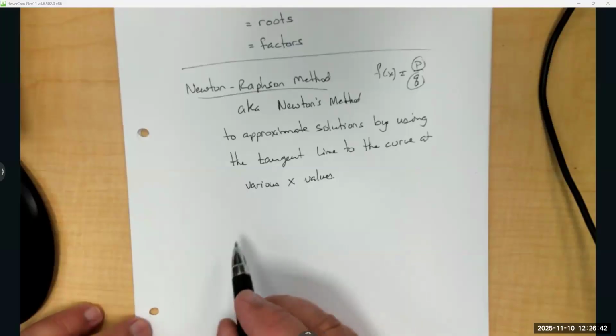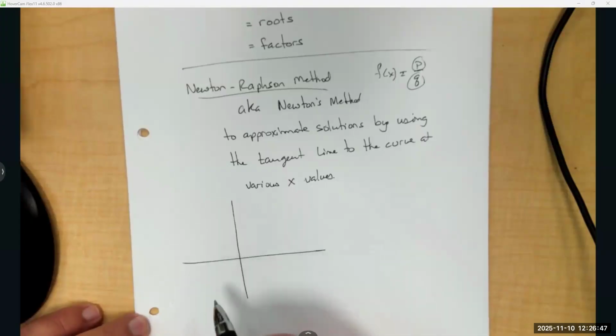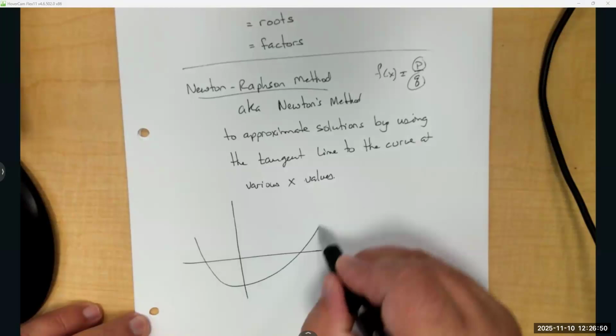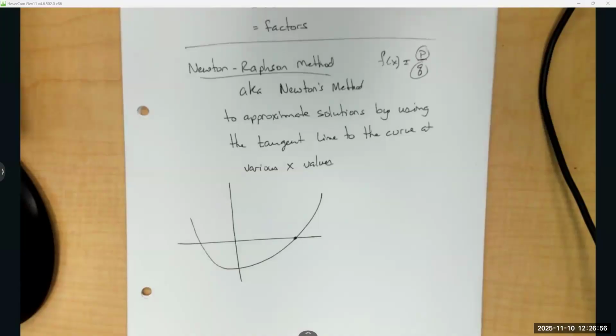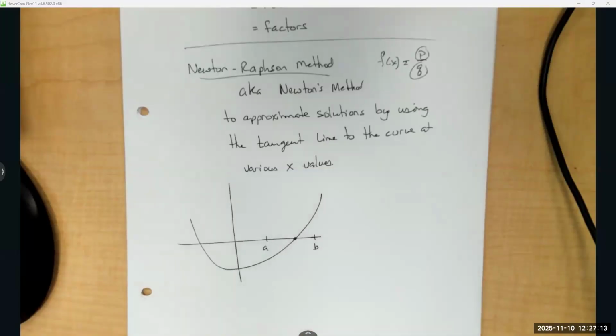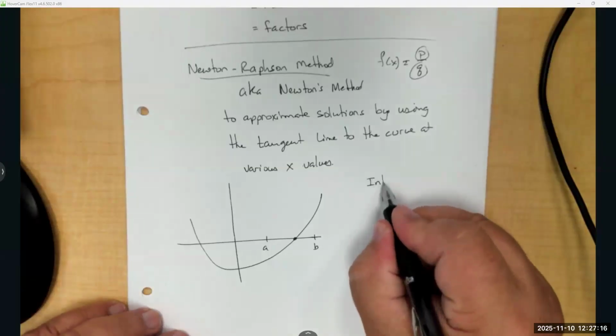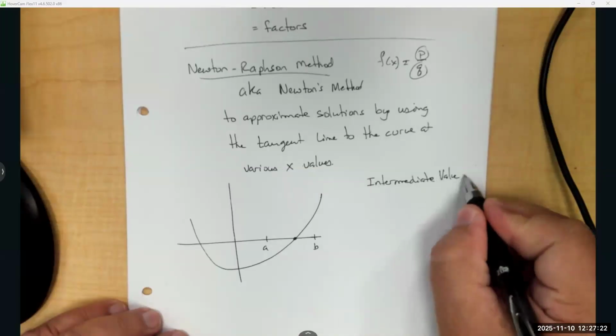Here's in a nutshell how it works. You have a function, and I want to know what the solution is. If it crosses the x-axis, we can use what theorem to prove that one exists? The intermediate value theorem.